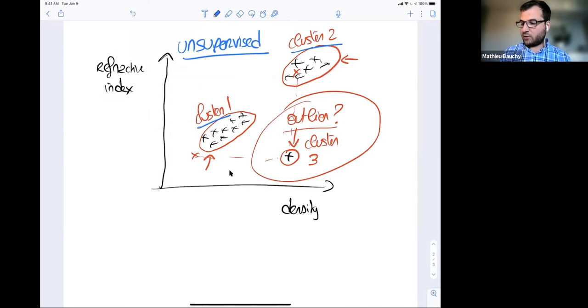It's possible that they are 2 different families of glasses, like some silicate glasses, some borate glasses, something like that. But we cannot predict that with unsupervised learning, because in unsupervised learning, there is no label. You just look at groups of data points and find some similarity.